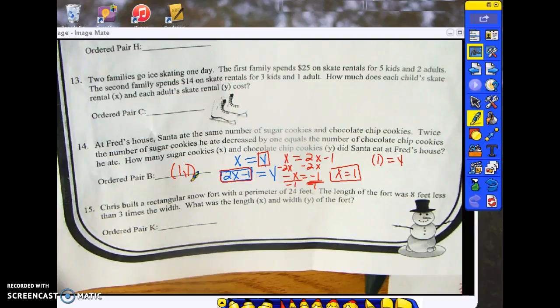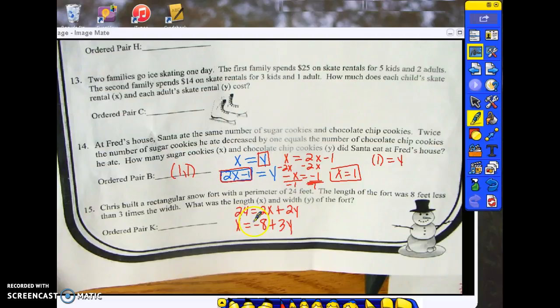Chris built a rectangular snow fort with a perimeter of 24 feet. Perimeter, you add up the 2 lengths, x plus x is 2x, add up the 2 widths, y plus y is 2y. The length, which is x, is 8 feet less, that's -8, then 3 times the width.